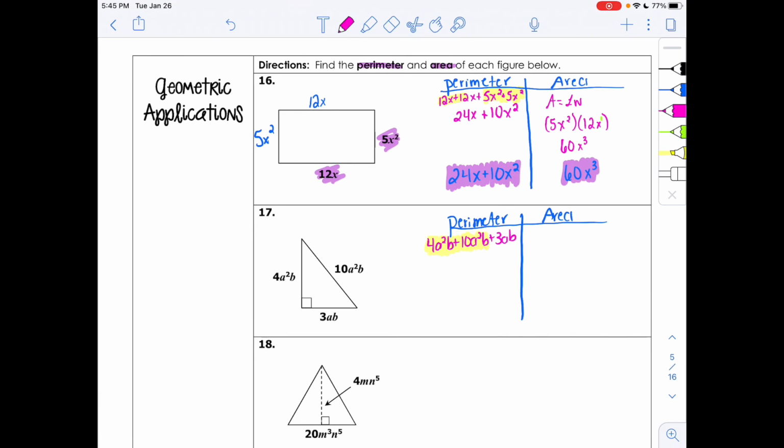So 4 plus 10 is 14a squared b, and bring down the plus 3ab. Now I cannot add the plus 3ab to the 14a squared b, because everything about it has to be exactly the same, the variable and the exponents. So our perimeter is 14a squared b plus 3ab.